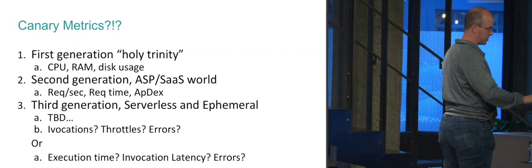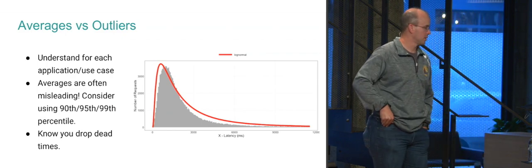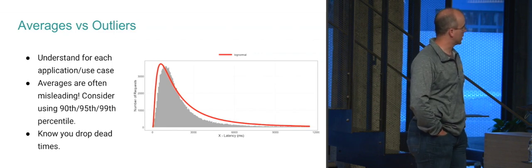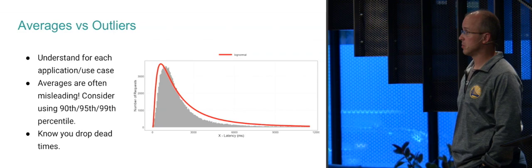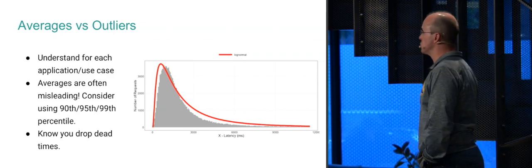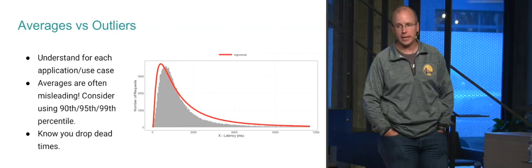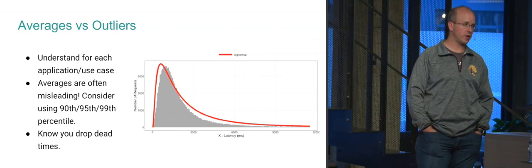All right, and then I mentioned averages versus outliers. This is a relatively generic number of requests over response time type graph. These are going to change per application, per use case. One answer is not going to fit all services. Be aware of that.